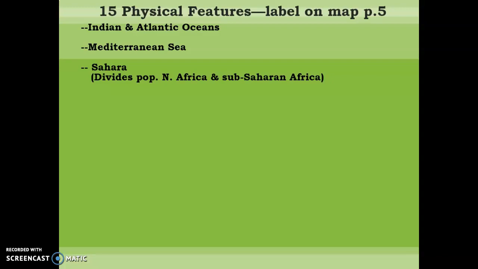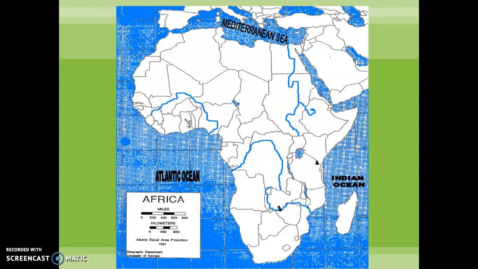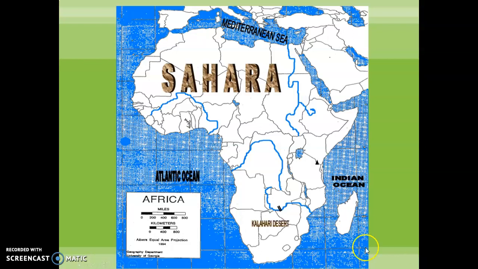Lifestyles, life expectancy, diseases, natural resources are all completely different. The Kalahari Desert, that is in the south. All right, so Sahara is all the way across the northern portion of Africa, world's largest desert, and the Kalahari is in the southern part of Africa.